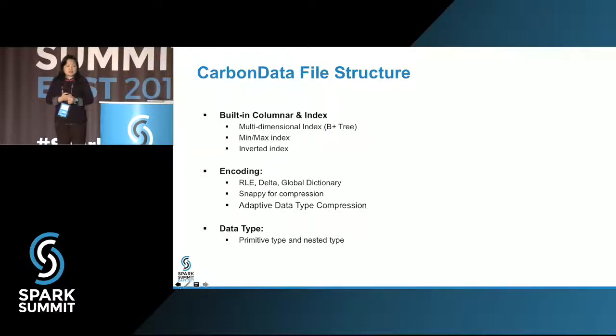For compression, we support snappy compression. We also support adaptive data type compression, which takes into account the data statistics of the column to get a better compression ratio. For supported data types, we support all primitive data types and a couple of nested data types like struct and array.